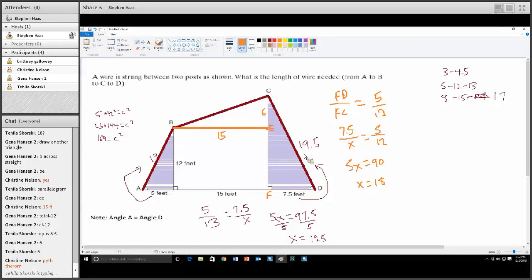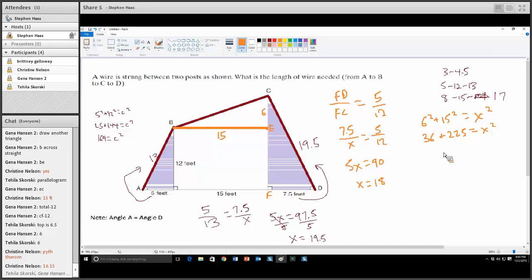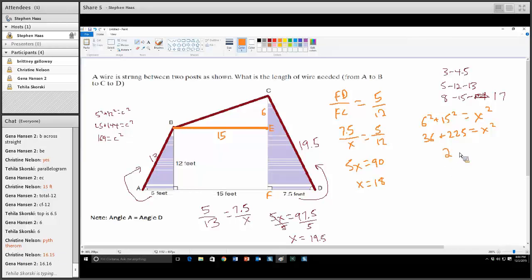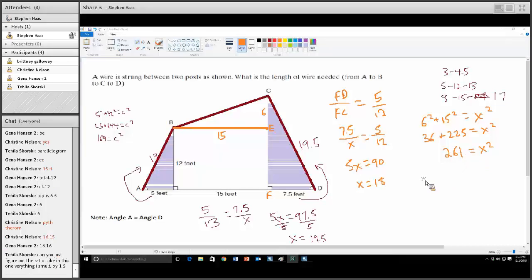Well, then we can use the Pythagorean theorem. That's right. And then we've got 6 squared plus 15 squared equals x squared. 6 squared is 36 plus 225 equals x squared. 36 plus 225 is 261 equals x squared.